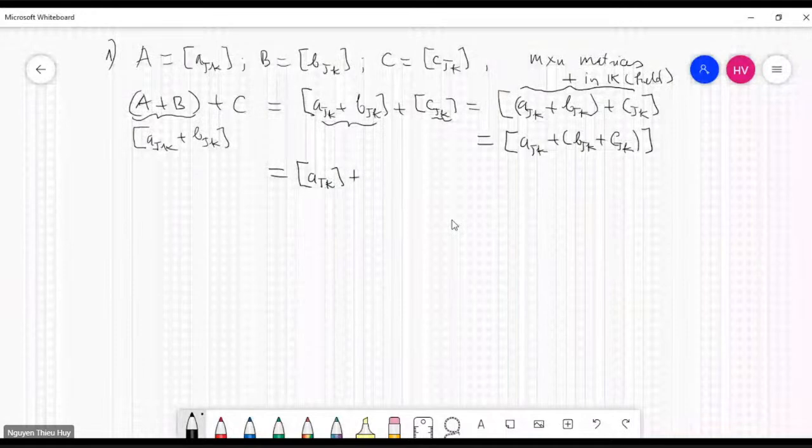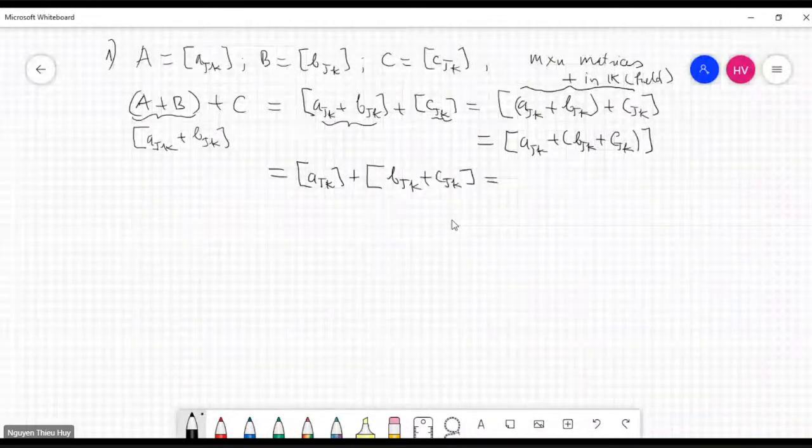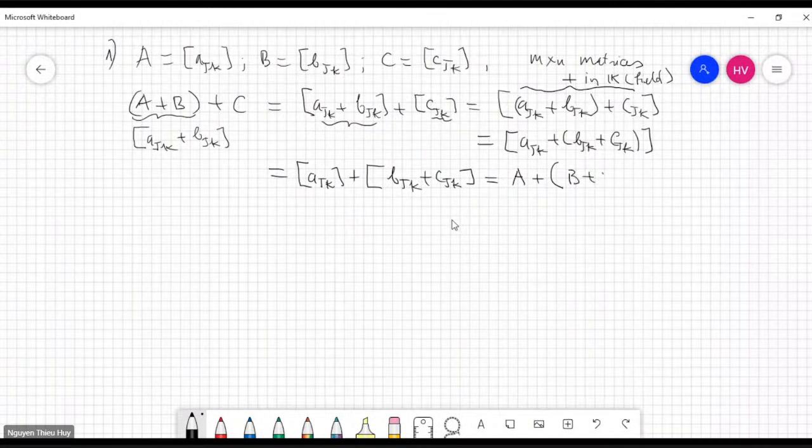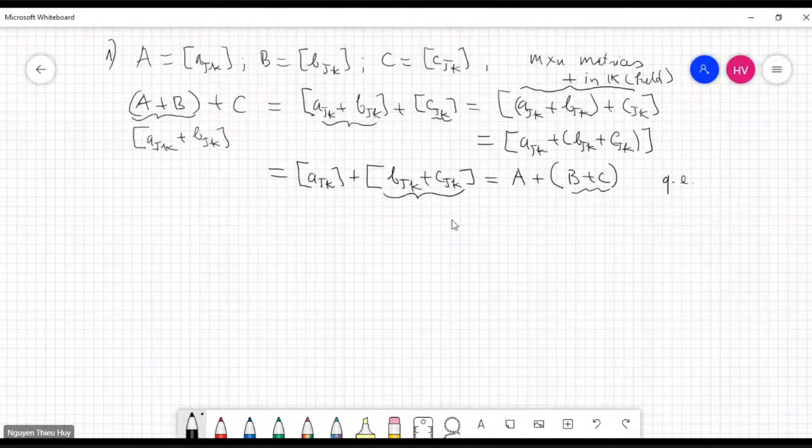Now I write the rest as a sum of two matrices, B_JK plus C_JK. So this is actually A, and this is actually B plus C, the matrix with entries B plus C. And we are done, QED. So this is a proof of the first property.